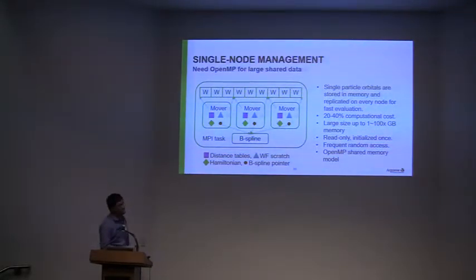There's another reason we use OpenMP, that is to take advantage of the shared memory feature. During the calculation, those movers need to access the coefficients used for calculating single particle orbitals, that is the B-SPLINE.